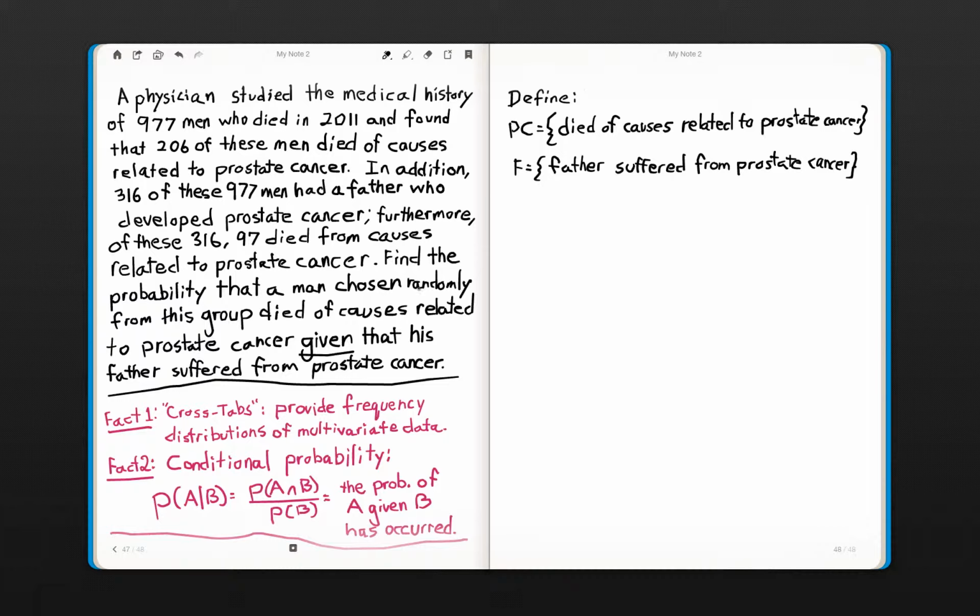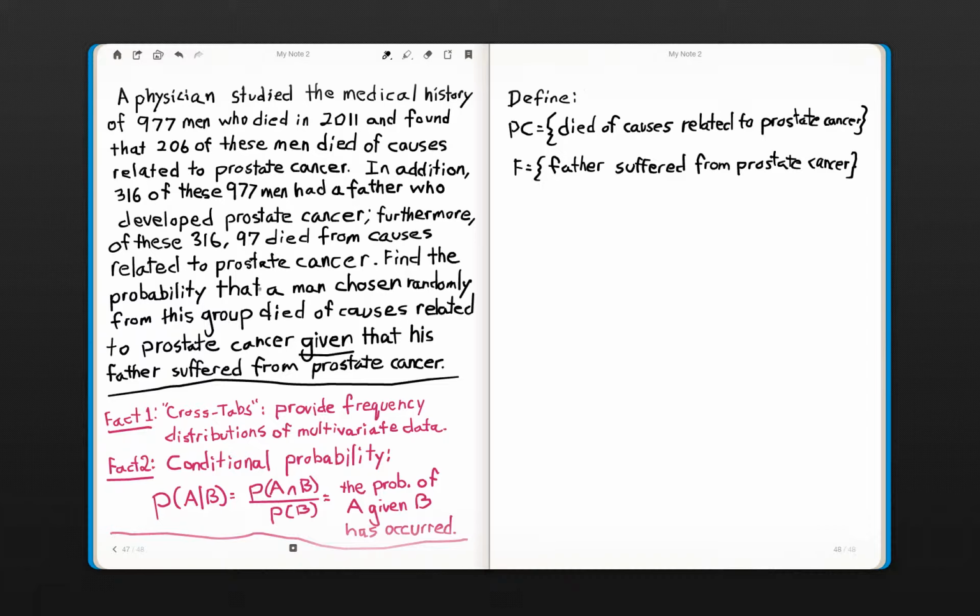In problems like this, where they state so many men died in a given year, and of those a given number died of prostate cancer, and of those had this characteristic, and so forth, I wouldn't recommend diving directly into probability calculations, although you could.